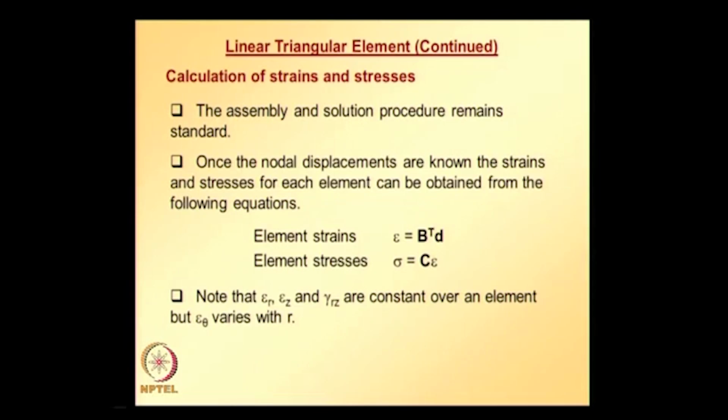Similarly, the corresponding stresses have the same behavior, that is, sigma r, sigma z, tau rz are constant, whereas sigma theta is a function of r, that is, it varies with r.